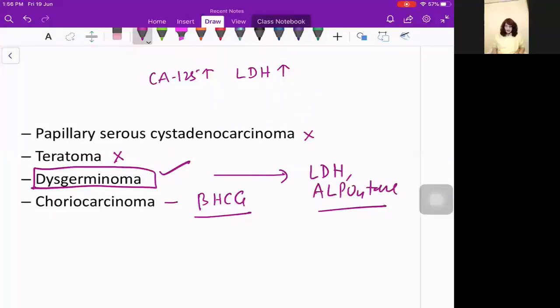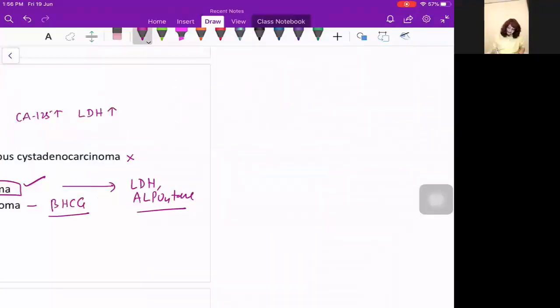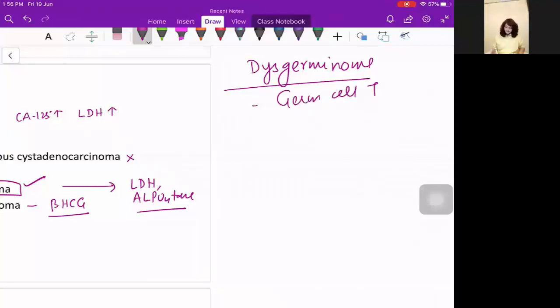Okay, so the answer for this question is dysgerminoma. Dysgerminoma is a germ cell tumor of the ovary, and usually it occurs in the young age group most of the time.